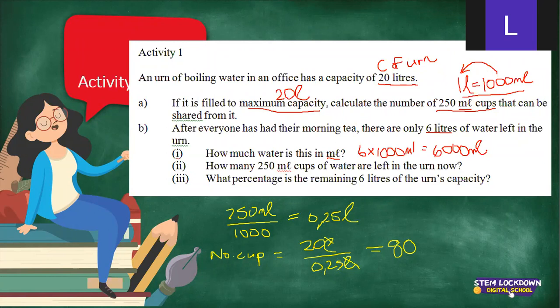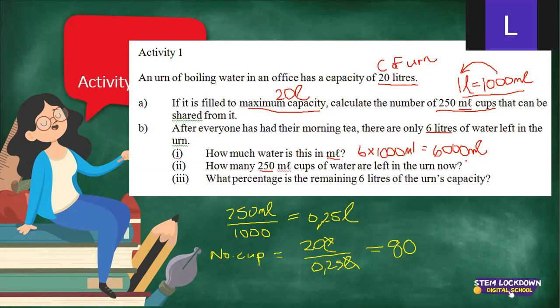Now, how many 250 ml cups of water are left in the end? This one is easy as well. You basically use the same method that you used for A. What are your answers, learners? How many 250 ml cups are now left in the end? Obviously, now I need to know how many times 250 can go into 6,000.